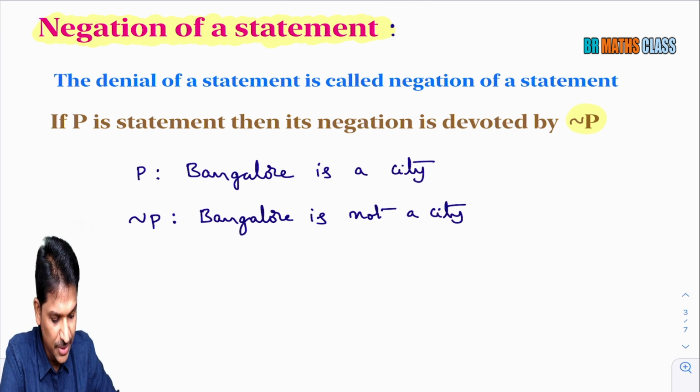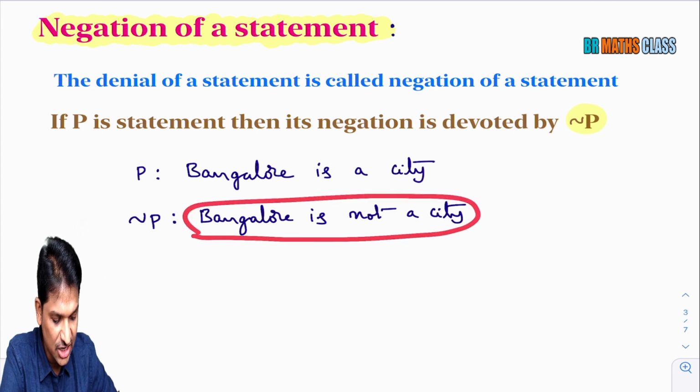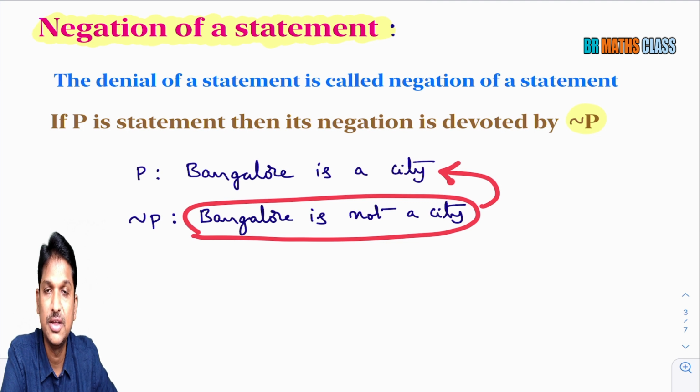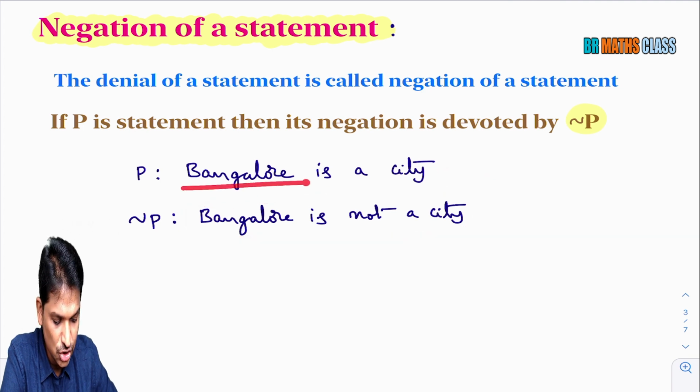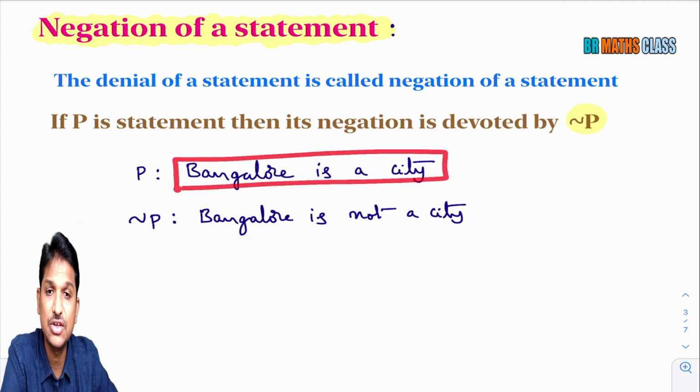I said that Bangalore is not a city is the negation of this statement because this is a denial of the given statement. The negation I can write like this also: it is false that Bangalore is a city. It is false that Bangalore is a city also tells you that Bangalore is not a city. I hope you are understanding.